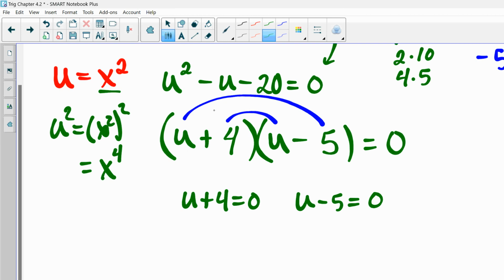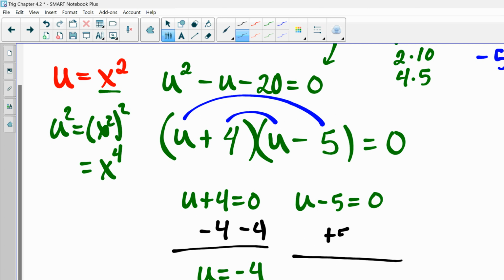We have u plus 4 equals 0, u minus 5 is 0. At this point, we can go on and solve for u and then plug it back in. We can subtract 4, telling us u is equal to negative 4. Here, we can add 5 to both sides, telling us u is equal to 5.